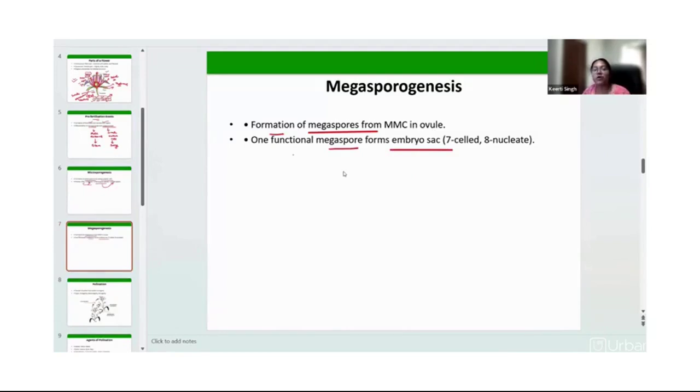Okay, so these two processes we will deal with in depth, because the NCERT has shown you all the diagrams, the cross sections of megaspores and microspores. So when we dive into this chapter in depth, we will study this process in a very systematic way.